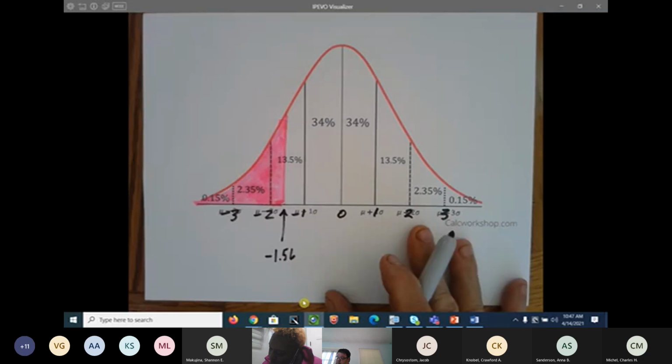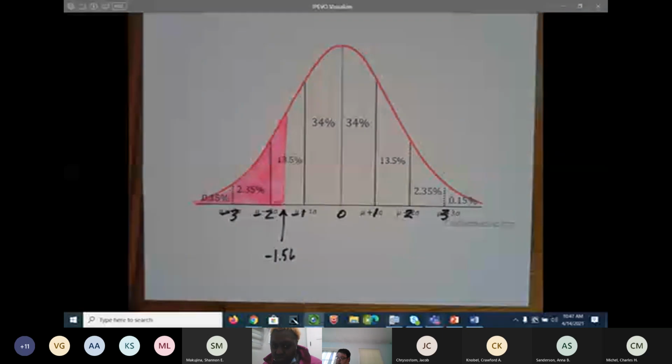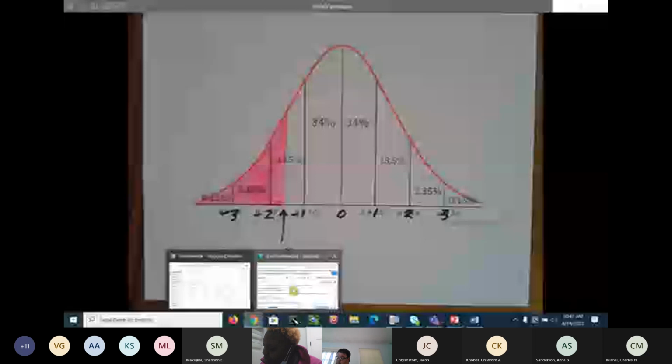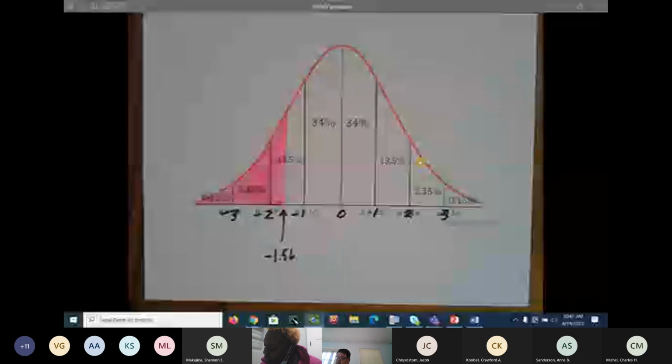And the other one is positive 2.56, isn't it? 2.56 is going to be right in there.